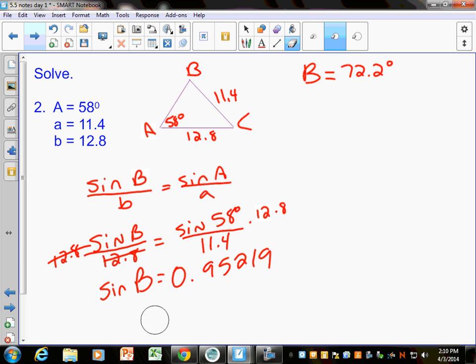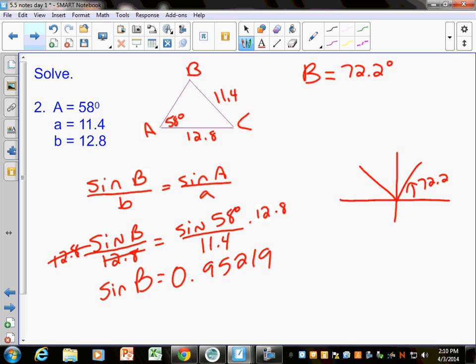Does the same apply to this ugly one? If sine of B equals this at 72.2 degrees, is there another angle in quadrant 2 that has this same sine value? Always. There's always two trig values. So when you're solving for an angle, you have to see what the other angle is. So if this is 72.2 degrees, I know that in quadrant 2 there's another angle. Here's where the trig comes back.